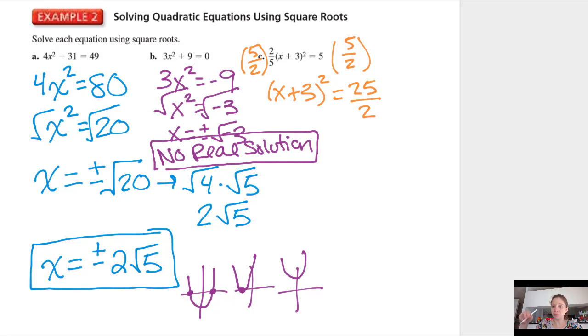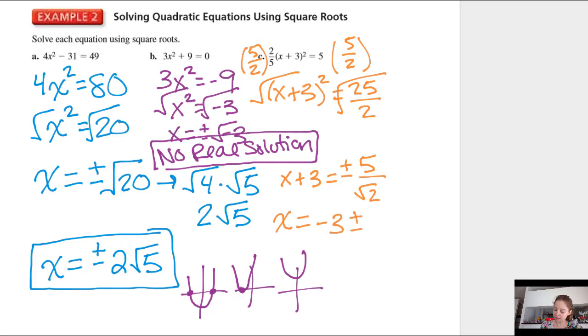Now I can take the square root of both sides, which gives me x plus 3 equals plus or minus the square root of 25/2. I can take the square root of 25, which is 5, over the square root of 2, which is not a perfect square. And then I'll have to subtract 3 from both sides, and I'll get that x equals -3 plus or minus 5 over the square root of 2.